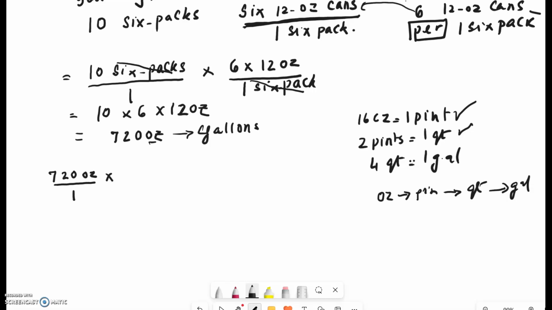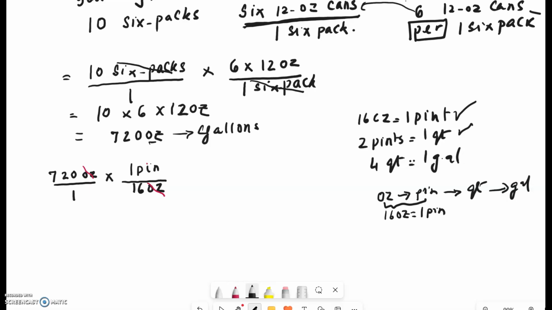Now we're going to convert ounces to pints using the equation 16 ounces is equal to 1 pint. So the fraction we're going to use is 1 pint over 16 ounces. The reason we did this is so we can cancel the ounces, and now we have converted the ounces to pints.